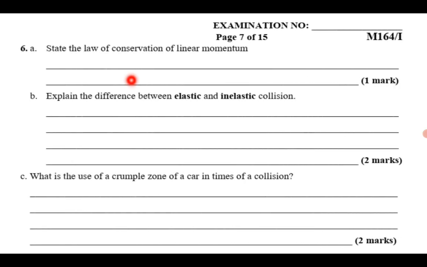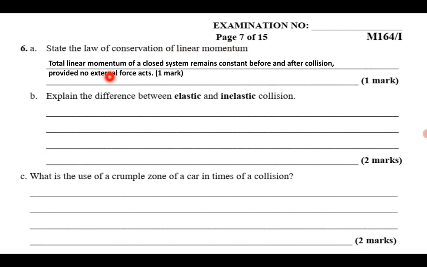Welcome to question number 6a. State the law of conservation of linear momentum. Remember, momentum is the product of mass and velocity of a body. Alright, so it's governed by a law which is popularly known as conservation of linear momentum.